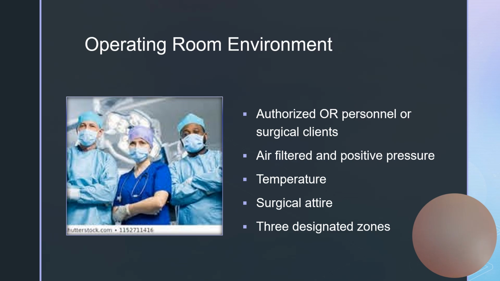It does include sterile and clean storage areas, work areas for cleaning instruments, and corridors that lead to the restricted areas. And then the restricted areas include the OR and procedure room and the scrub sink areas. This does require full surgical attire.